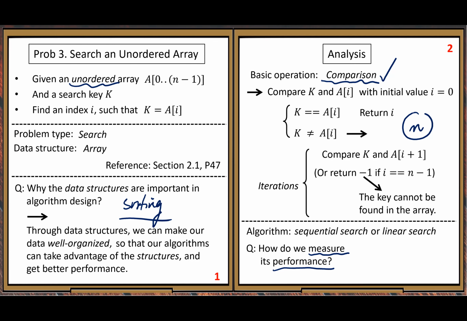We have the best case, we have the worst case. But here we need to run this algorithm so many times, millions of times. So which measure is the closest description of the overall efficiency? The average case efficiency.